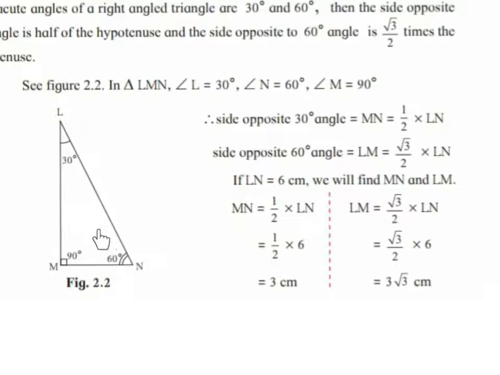So let's take an example. Suppose LN is 6 centimeters. If LN is 6 centimeters, we will find MN and LM.